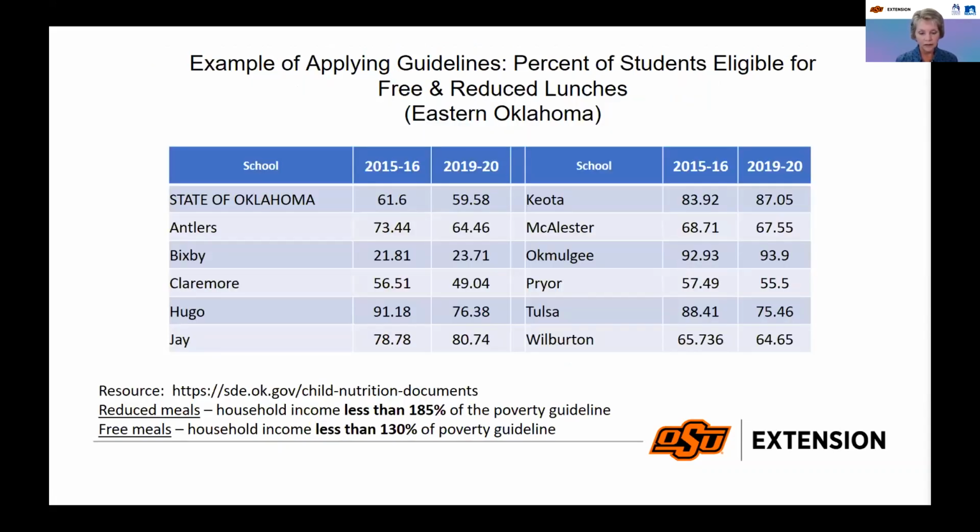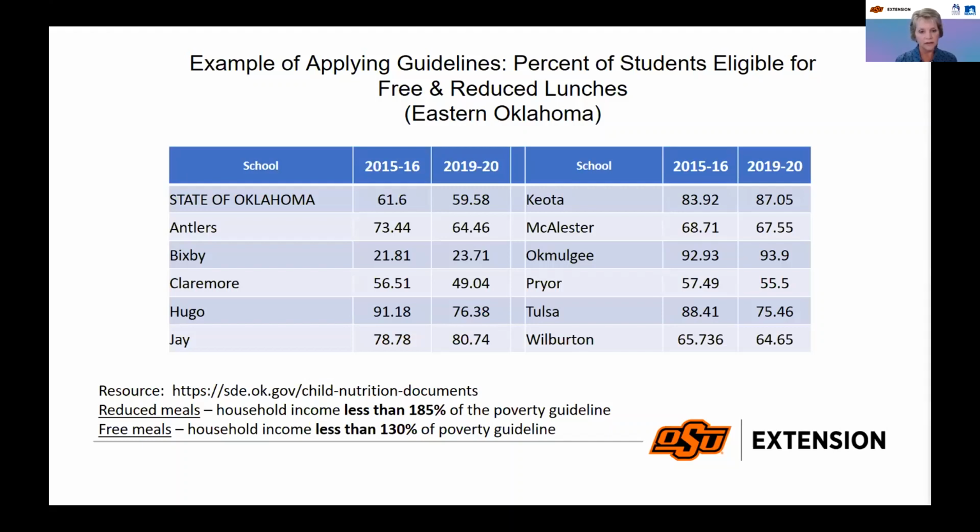Next slide. Here's an example of the free and reduced school lunch programs that use the poverty guidelines. To qualify for this government aid, household income must be less than 185% of the poverty guideline to receive reduced meals and less than 130% of the poverty guideline to receive free meals.